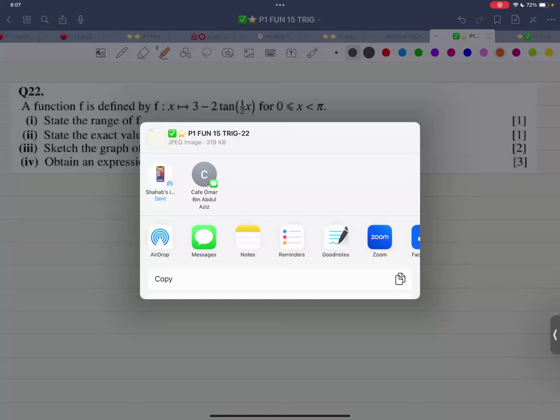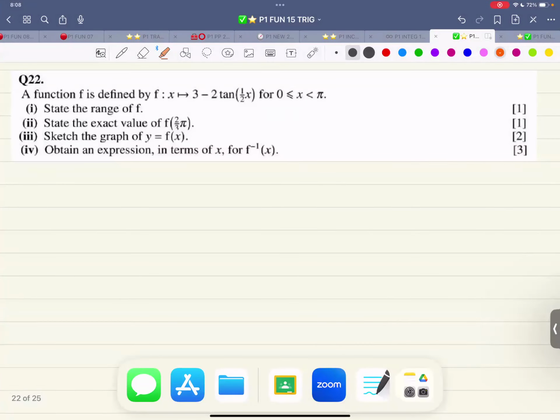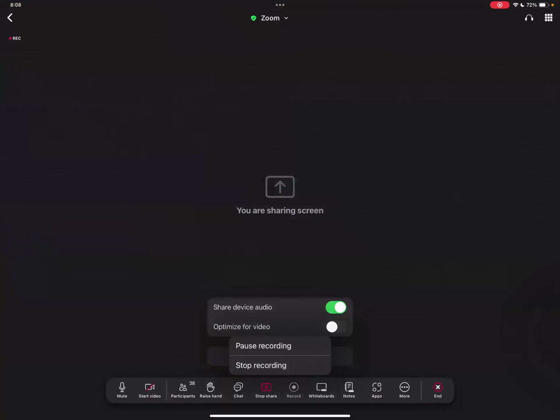Hold for a second. This is question 22, and try out. So let me just pause the recording so you can comfortably try it out, and then I'll let you know the solution. So the recording is paused.